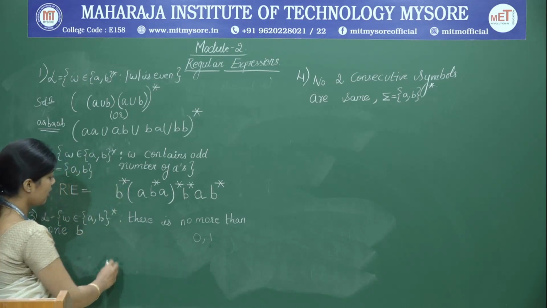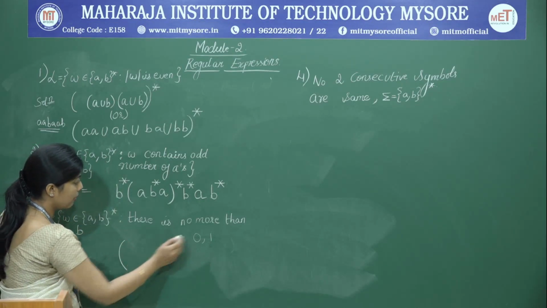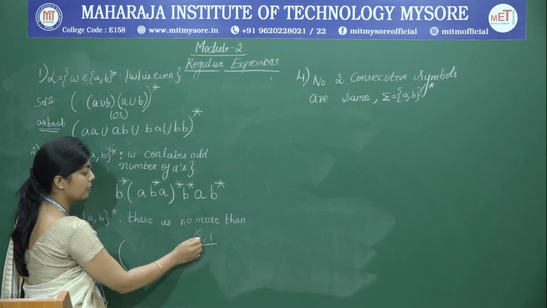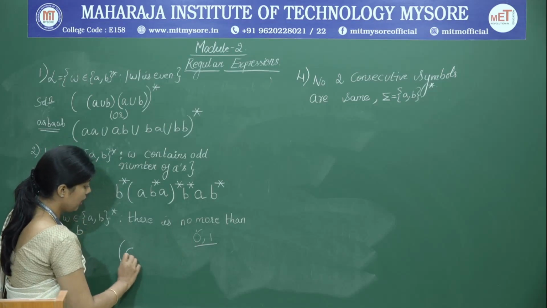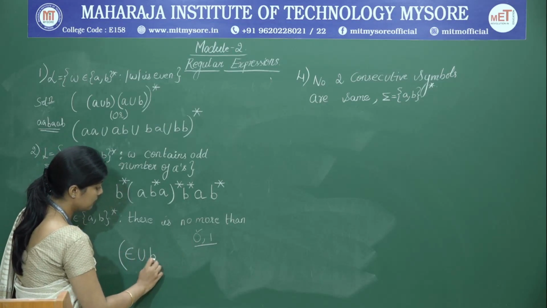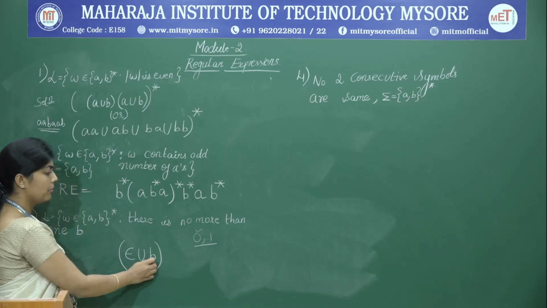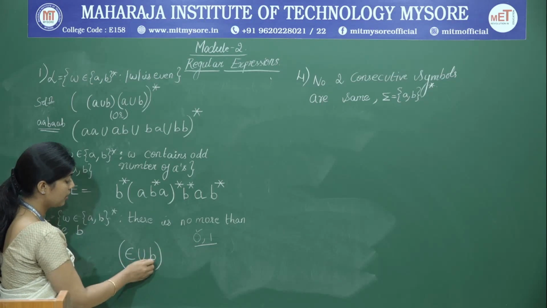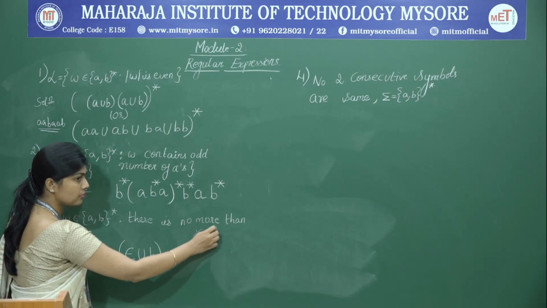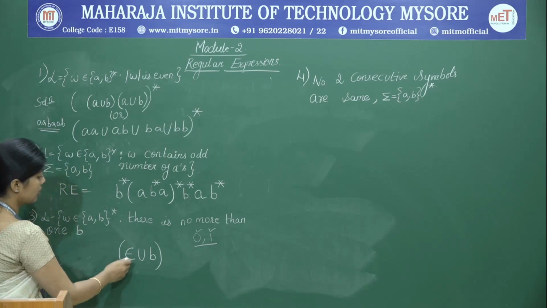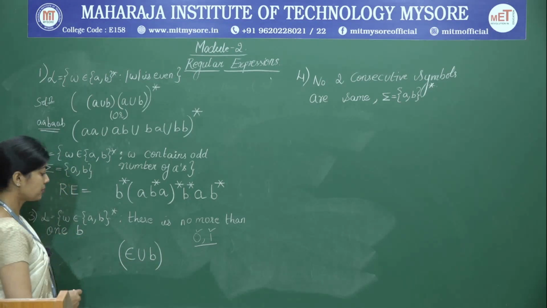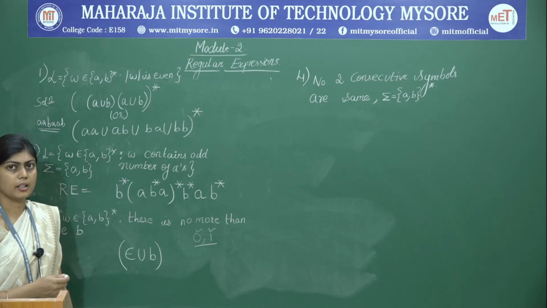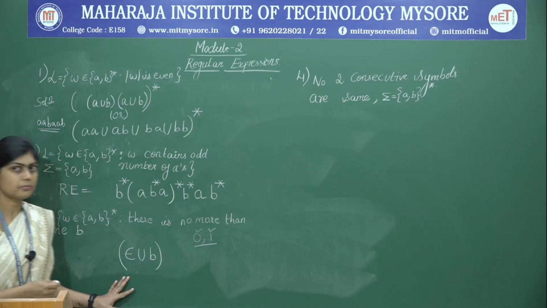So, how to place this? We know that B becomes an optional part here because there are 0 occurrences of B also. Therefore, we will write (epsilon union B). Epsilon denotes 0 number of B's and single B denotes 1 B. So this is how we are going to write. They have not placed any constraint on the number of A's that can appear in the string.